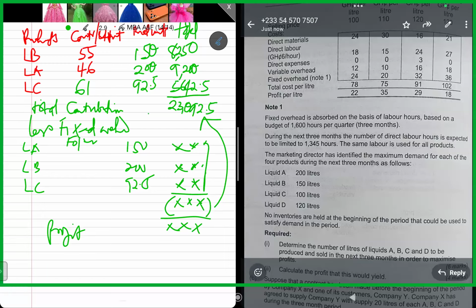So the figures we have there for the fixed overhead are called OAR. Are you good? So we have 24 cedis.